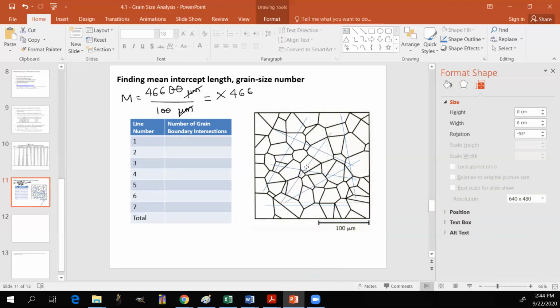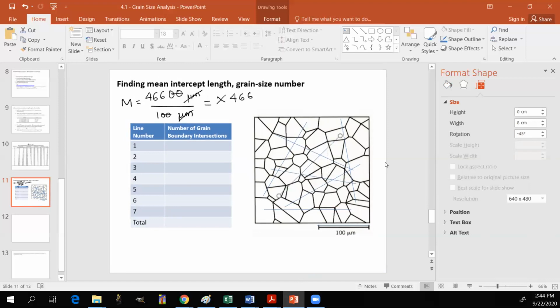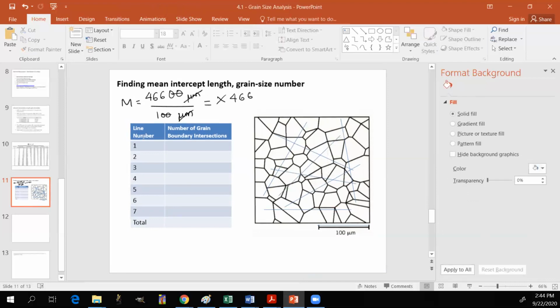And we make it a little less, minus, say, 45 degrees, like that. There we go. All right. So now we've drawn out the 7 lines.